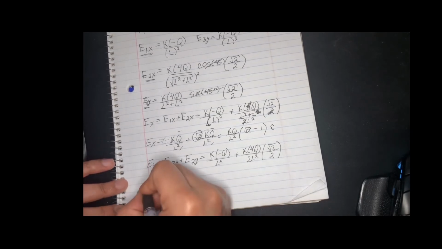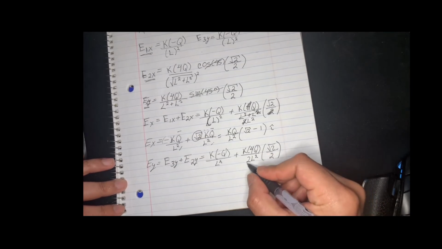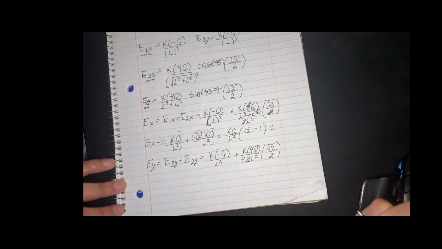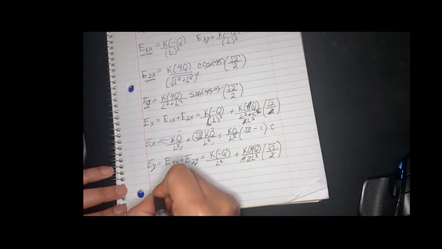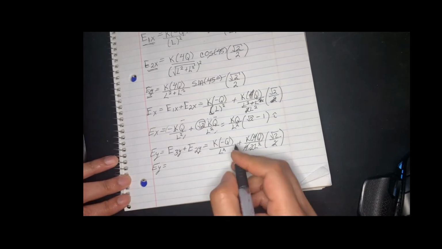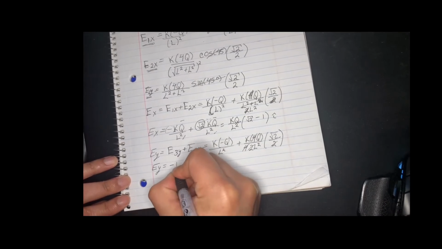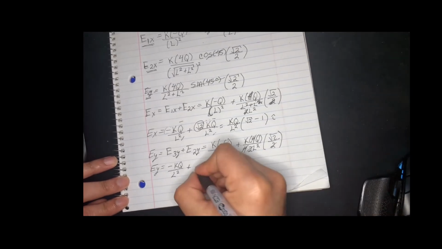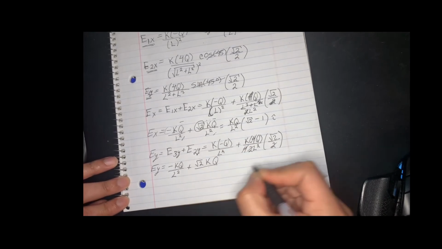Okay, so we're gonna do the same thing. Cancel out the 4. These 2 multiplied by these 2 is gonna be 4. 4 divided by 4, it's gonna be 1. So I'm gonna write it down up here. Ey is gonna be equal to, we're gonna multiply the k with the negative q, so it's gonna be negative kq divided by L squared plus square root of 2 kq over L squared.